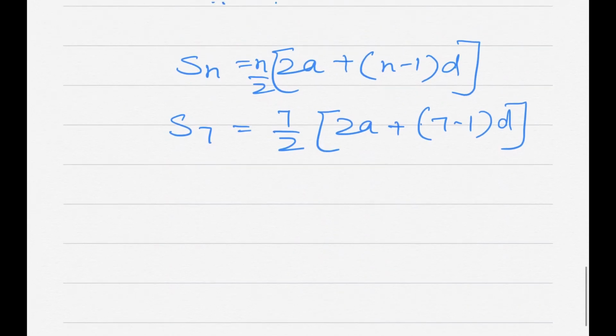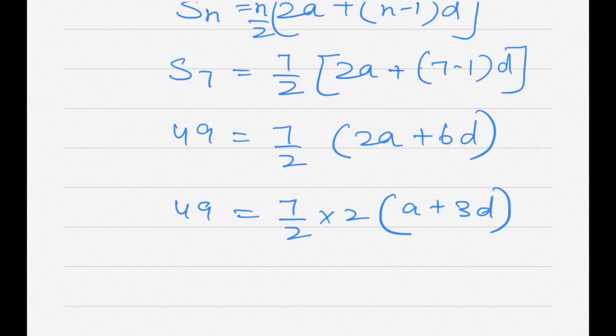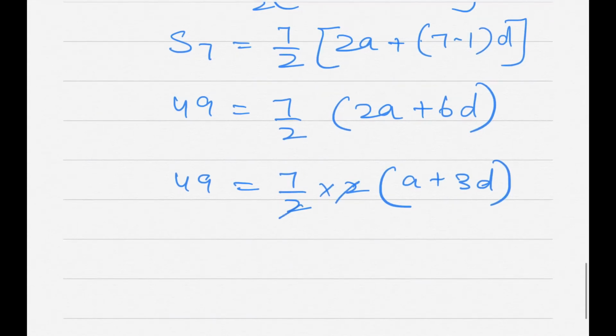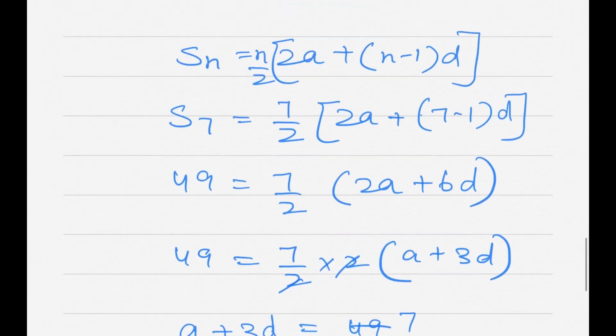I can write 49 here, which is given to me: 7 by 2, and in the bracket I get 2a plus 6d. Now I can take 2 common, so 7 by 2 into 2 times a plus 3d. 2 gets cancelled and 7 I can take that side, so a plus 3d is equal to 49 by 7, which is 7. So this is my first equation.